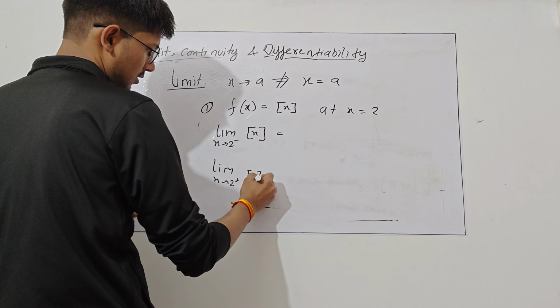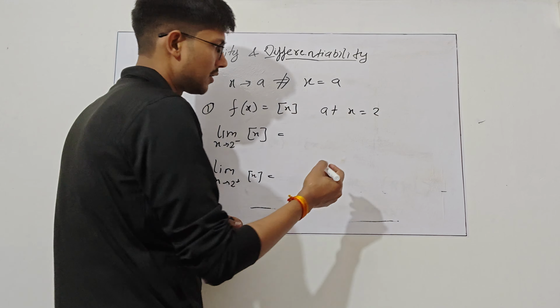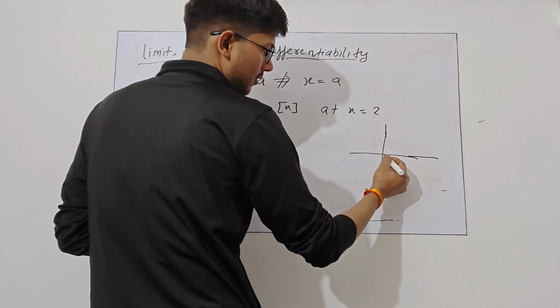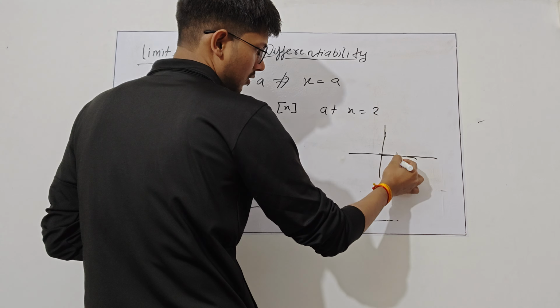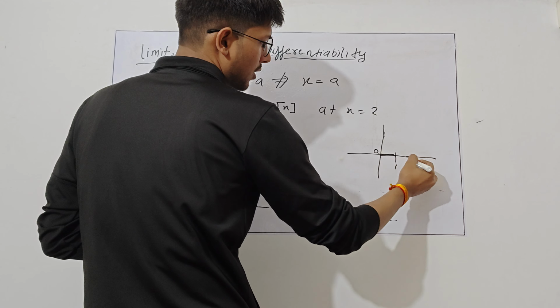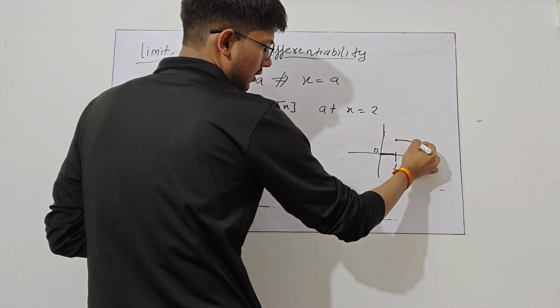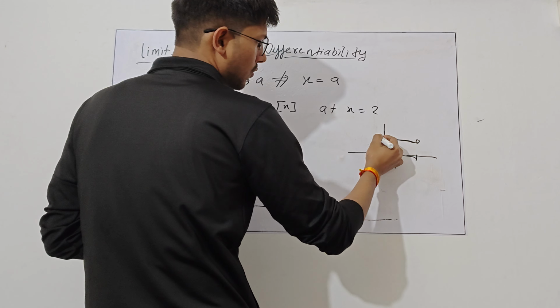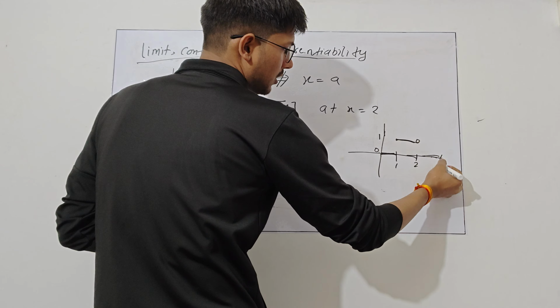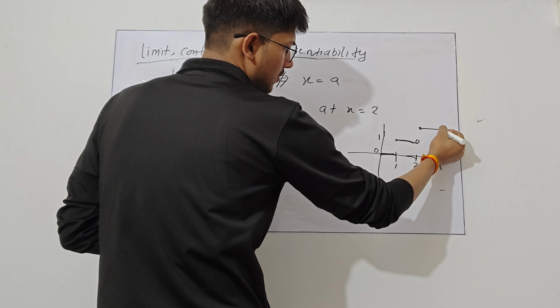this is RHL. So we know the graph of the greatest integer function: from 0 to 1, we have the value 0, from 1 to 2 it gets the value 1, and from 2 to 3 the greatest integer function gives the value 2.